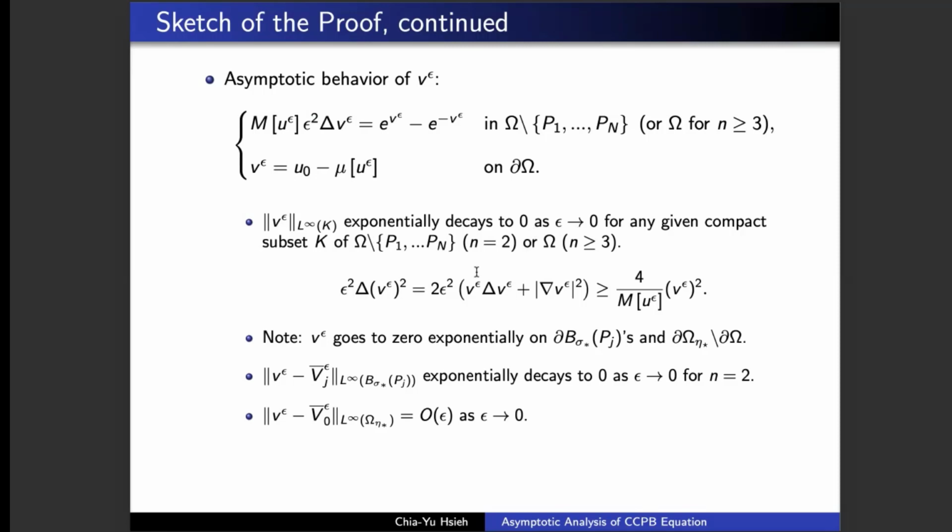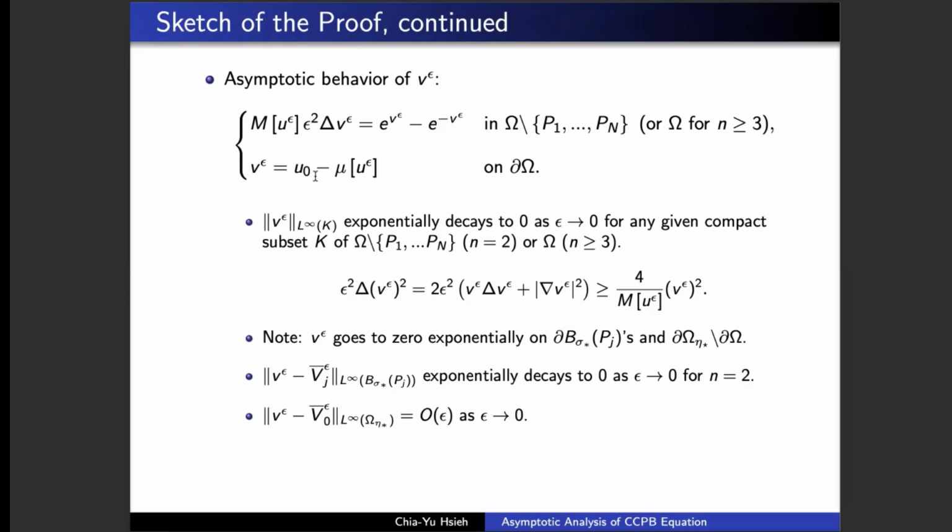The idea is we apply the comparison principle to the equation of V squared. We can find that epsilon square Laplacian V squared is greater than or equal to 4 over m times V squared. That is, V squared is a subsolution of this linear equation, and the exponential decay is straightforward.